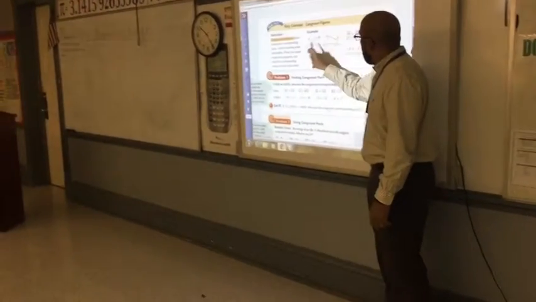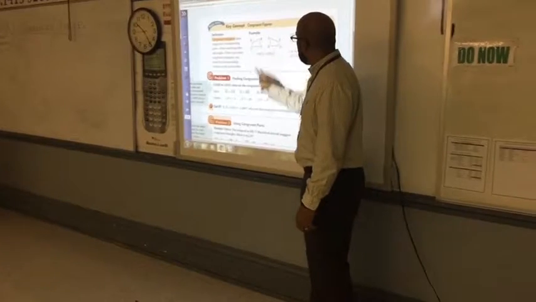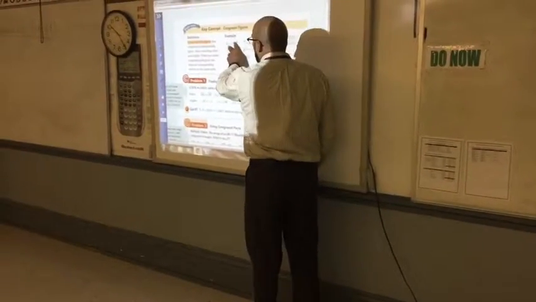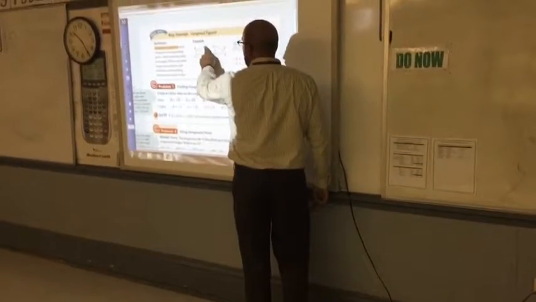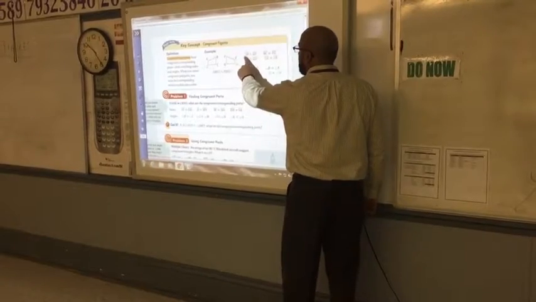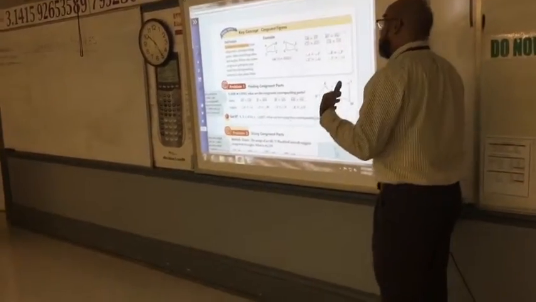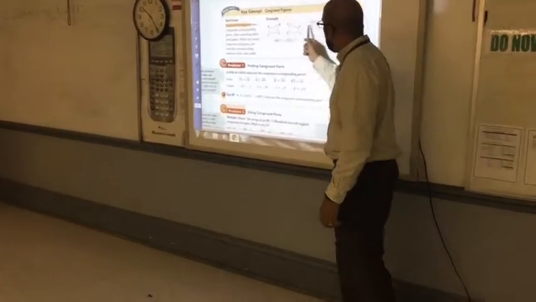So if we look at these two polygons, as Tamber said, we have our vertices A, B, C, D, and E, F, G, H, and with those vertices and those points, we can create segments. So we see we have segment AB, and it tells us that segment AB is congruent to segment EF. What's unique about that is the order in which it's given.